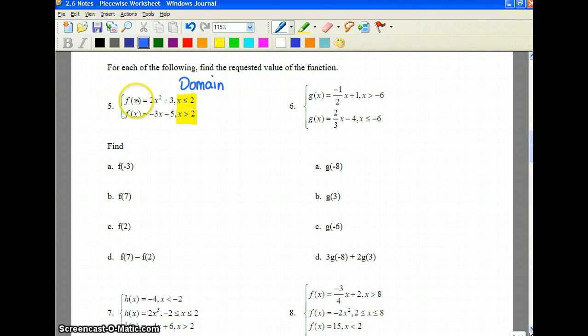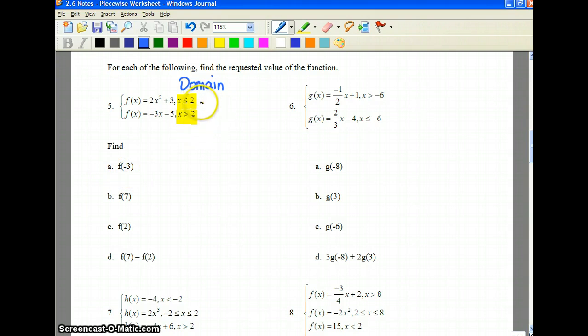Now these are just machines like we've been using before, so this machine squares it, multiplies it by 2, and adds 3. This machine multiplies by -3 and subtracts 5. So letter A, f of -3. Is -3 less than 2 or greater than 2?